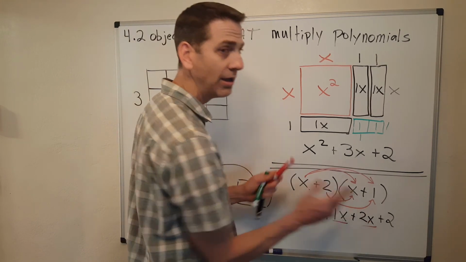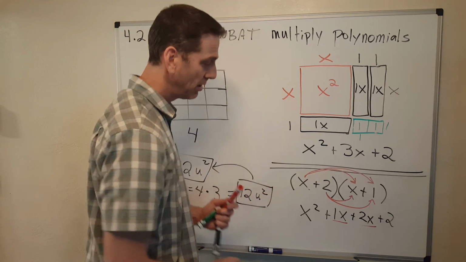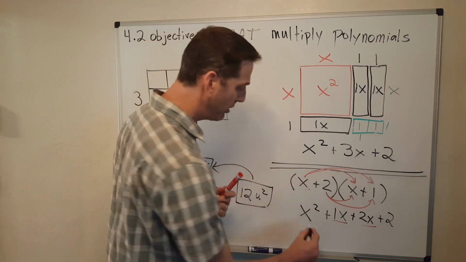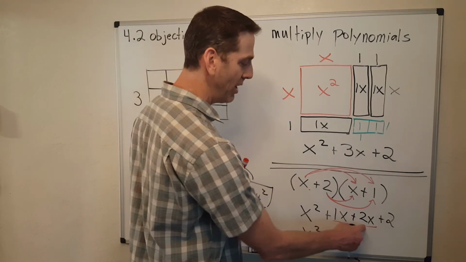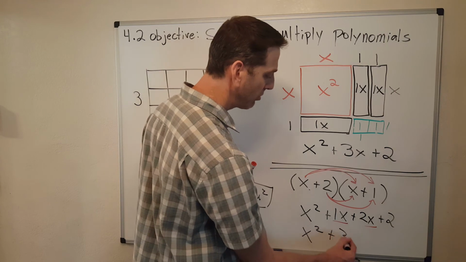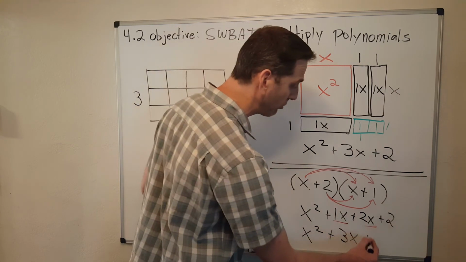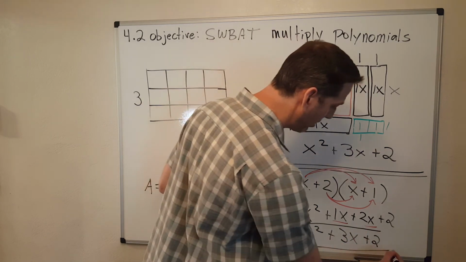These are first degree. You can't combine first degree and second degree terms. All right, so let's go ahead and combine these, okay? So x squared, there's no like term with him, so we're just going to leave him as x squared. Okay, 1x plus 2x is 3x. And then the 2, he does not have any other like terms either, so we're just going to leave him as 2. And so that's going to be our final answer.